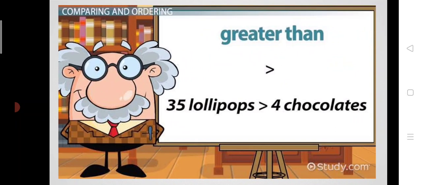Now see Rajay. In this example, suppose there are 2 friends. One friend has 35 lollipops and the second friend has 4 chocolates. So who has more? Of course, the friend who has 35 lollipops has more. So you have to put the sign towards the 35.